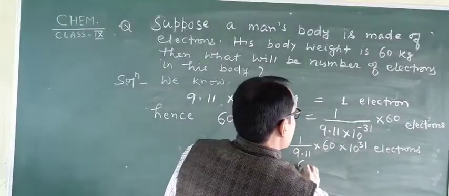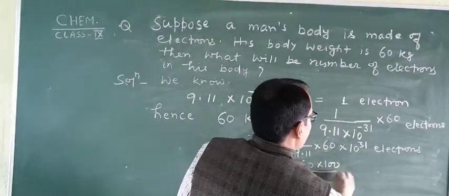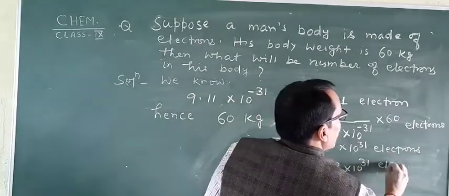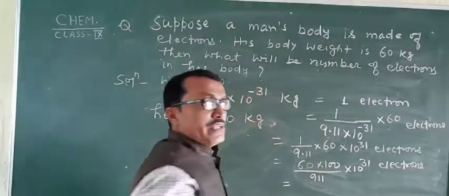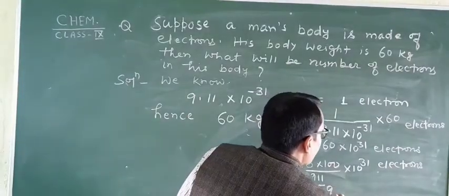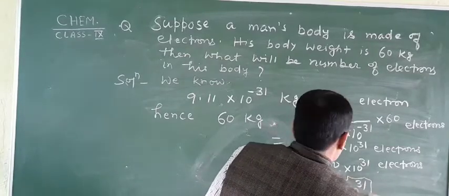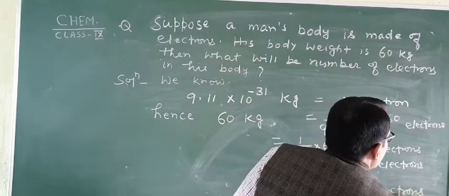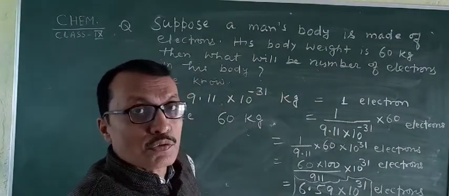Now this is 60 multiplied 100 by 911 multiplied 10 to the power 31 electrons, and if you solve it you will find 6.59 multiplied 10 to the power 31, and this is the answer of these questions. Okay, so this will be answer of these questions.